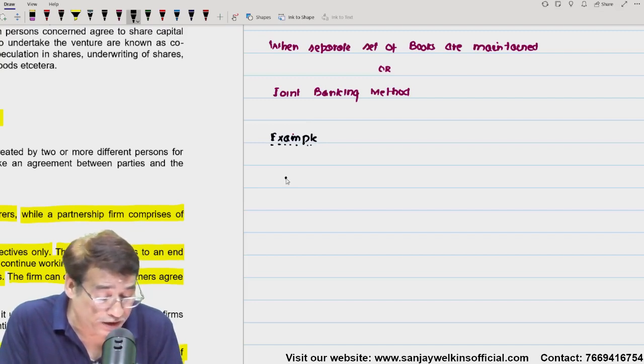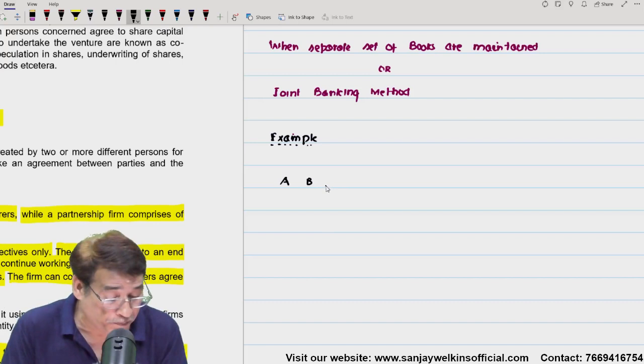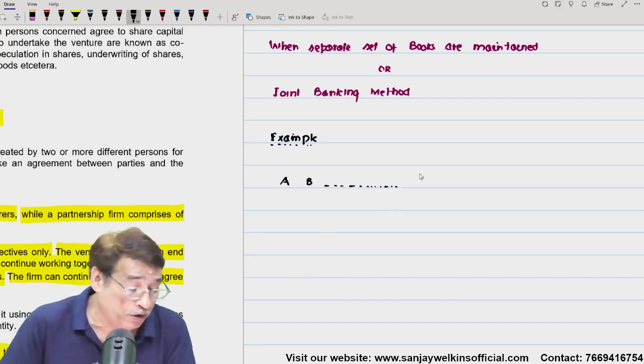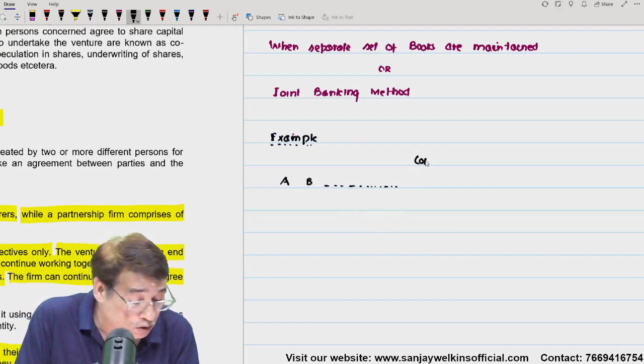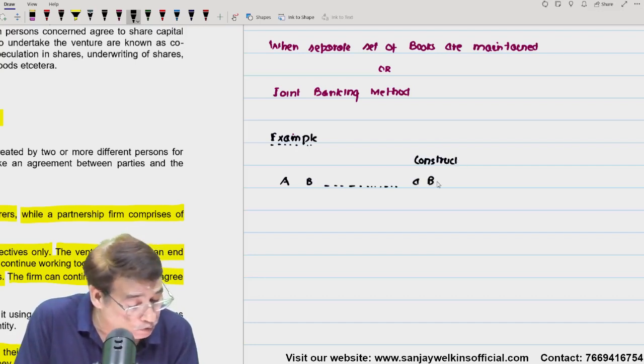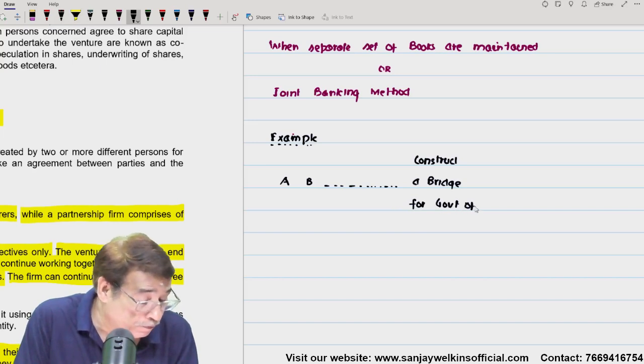we presume that A and B are two co-venturers, or A and B entered into a short partnership. And the partnership is that they are going to construct, let us say, a bridge for the government of Uttarakhand.